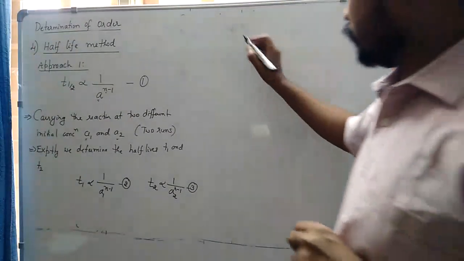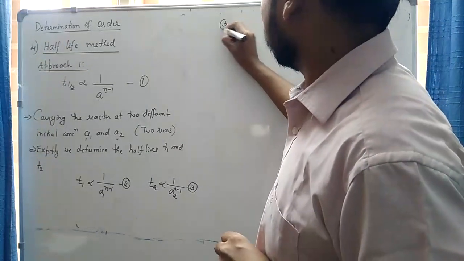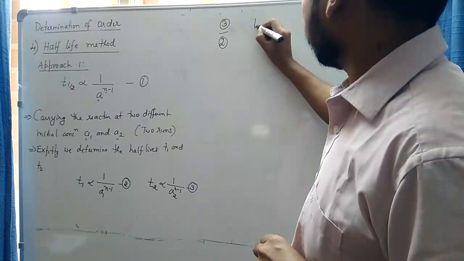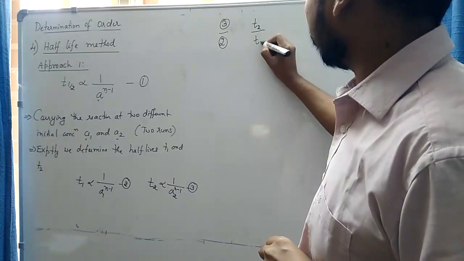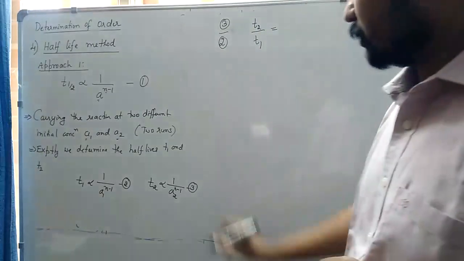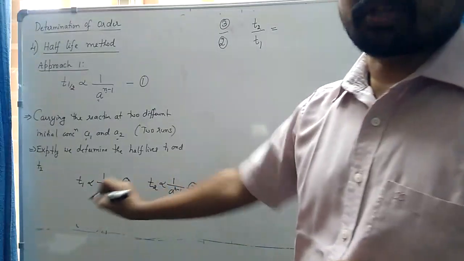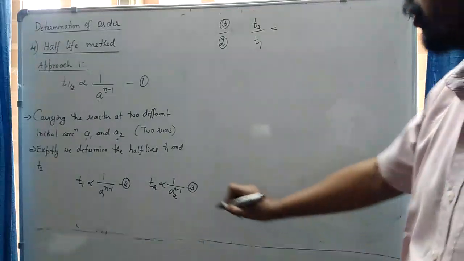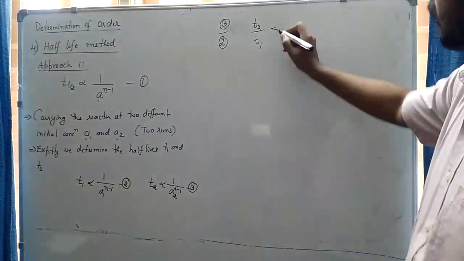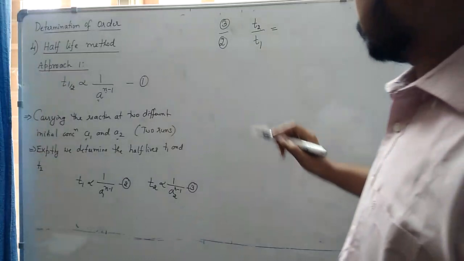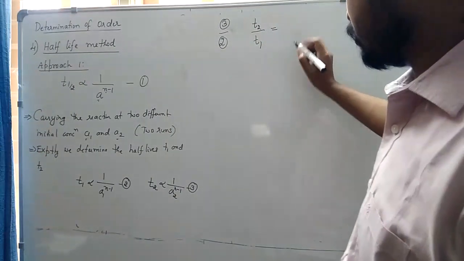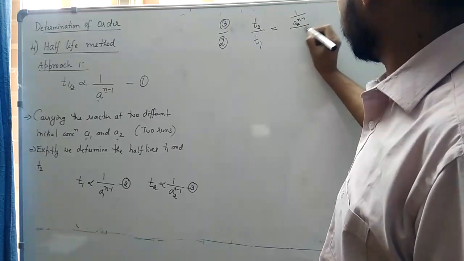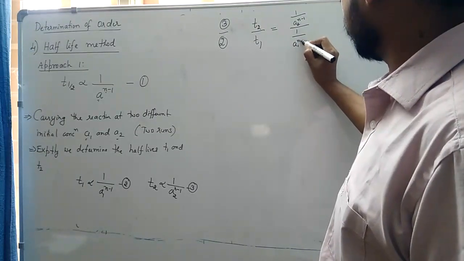So if I take the ratio 2 by 1, you get T2 divided by T1. When I am taking the ratio of two similar equations, this proportionality constant cancels, so you can replace the proportionality by equal sign. So T2 by T1 becomes 1 by A2 to the power n minus 1 divided by 1 by A1 to the power n minus 1.